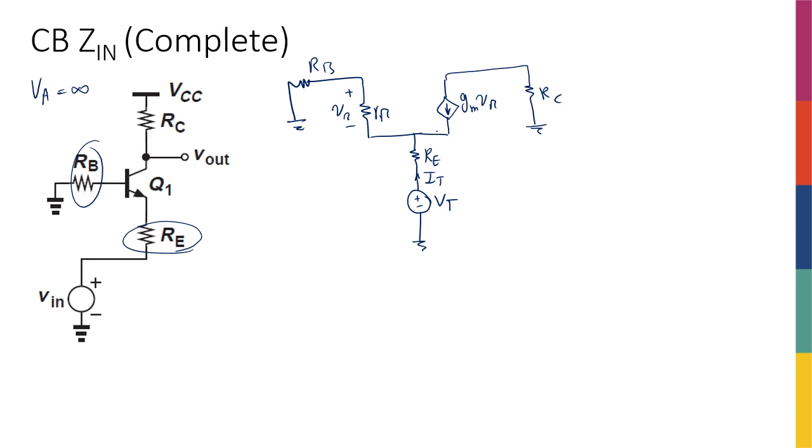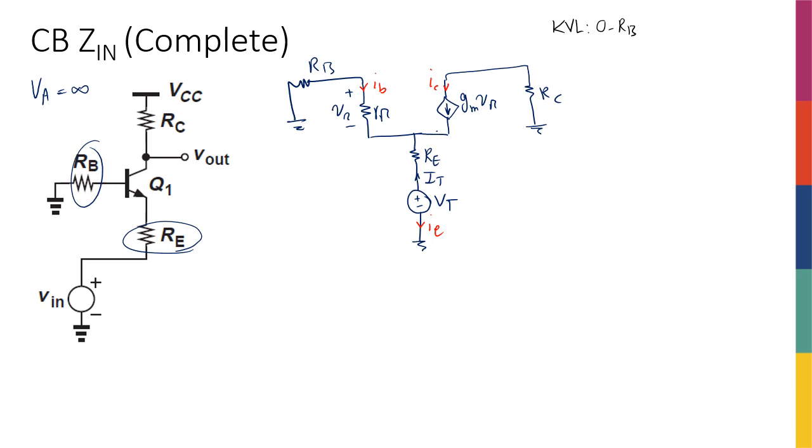Okay, now I want to find out the relationship between VT and IT. I'm going to start with the same KVL, but now I know that the KVL is not going to give me the V pi equal to VT relationship. The KVL tells me that 0 minus RB times, let's call these currents by their names, so let's call this IB, this is IE, and this is IC.